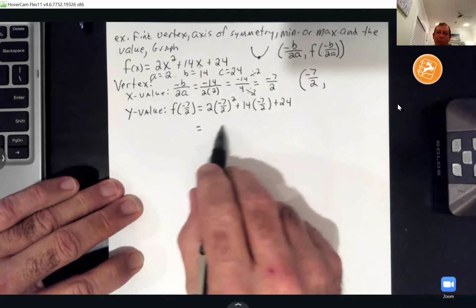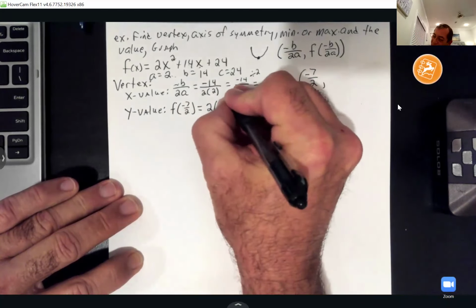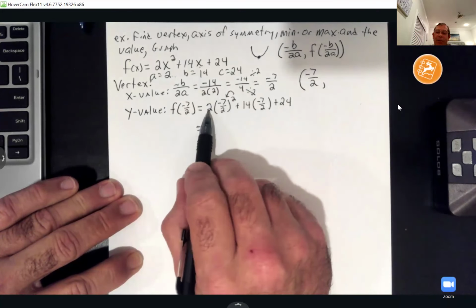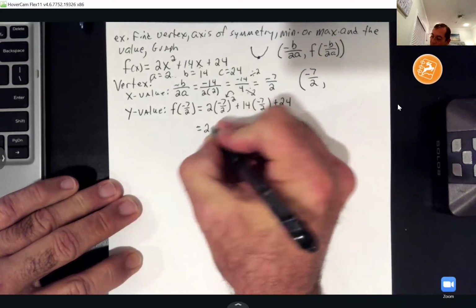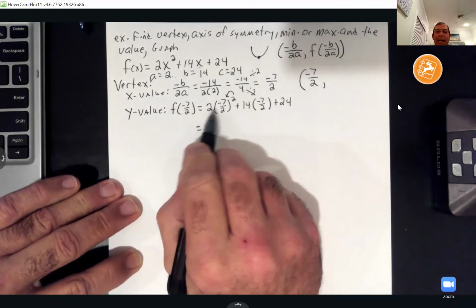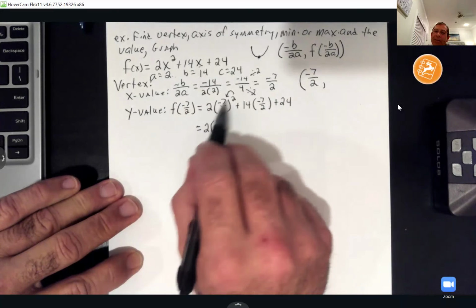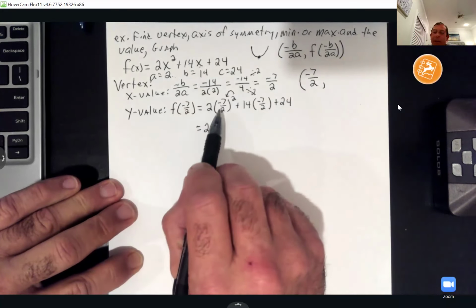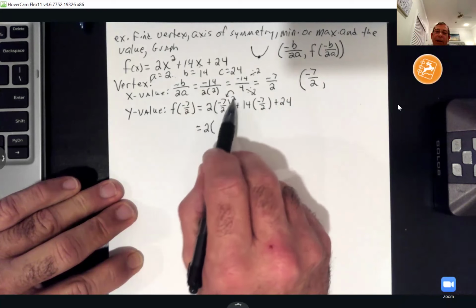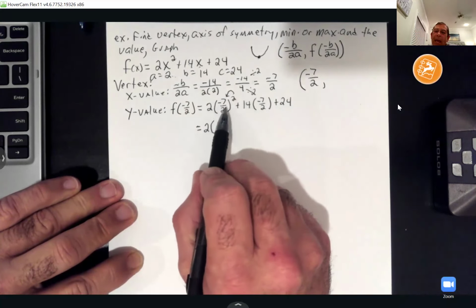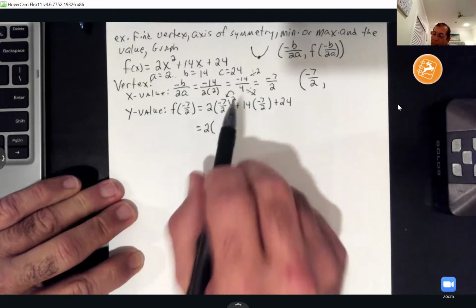So priority goes order of operations with that exponent sitting right there. So bring that 2 down. That 2 is not inside the parentheses, so it's coming down. It's not affected by the exponent. Now I got a fraction raised to an exponent. You're going to square the top and you're going to square the bottom.